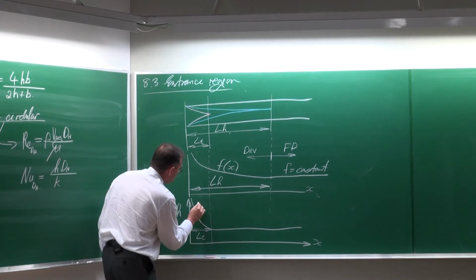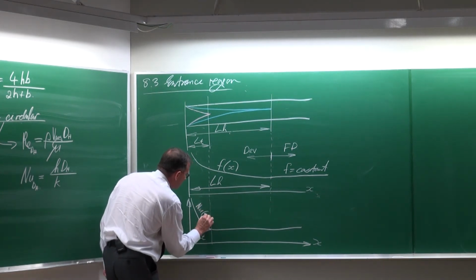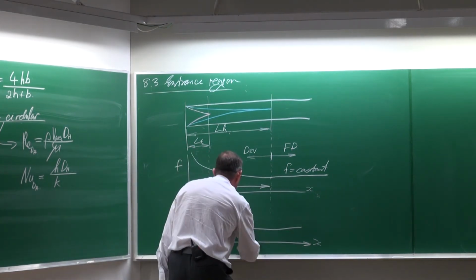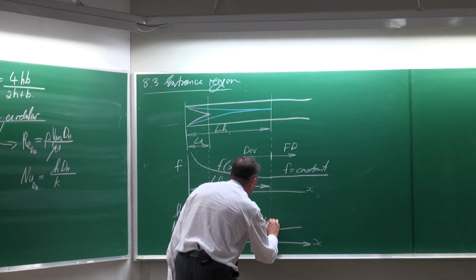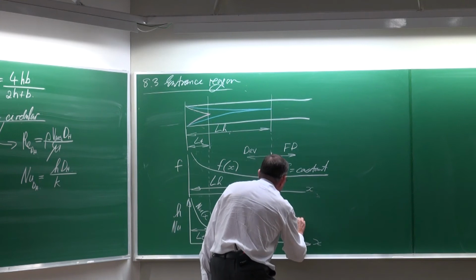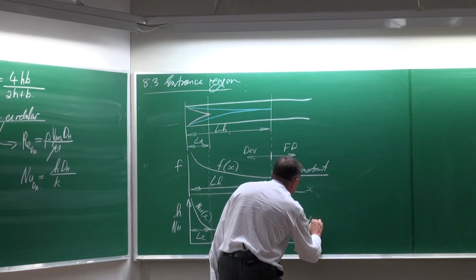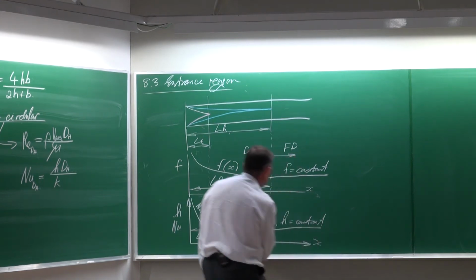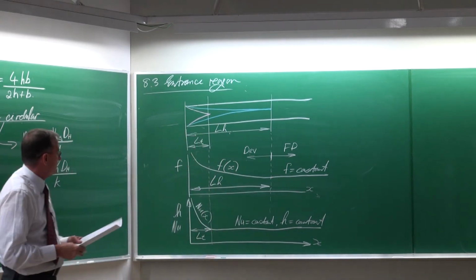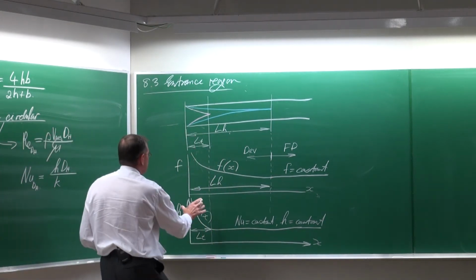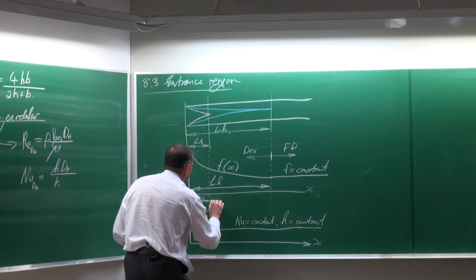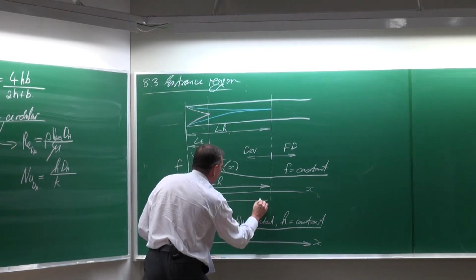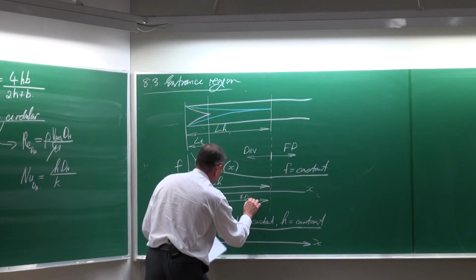In this region, we will say the Nusselt number is a function of x. There, the Nusselt number is constant, and the heat transfer coefficients are also constant in general. So again, the developing part, they're developing, and that part there, fully developed. FD, fully developed.